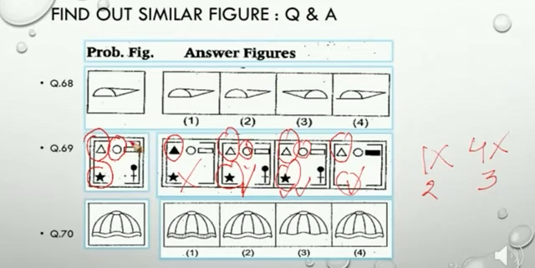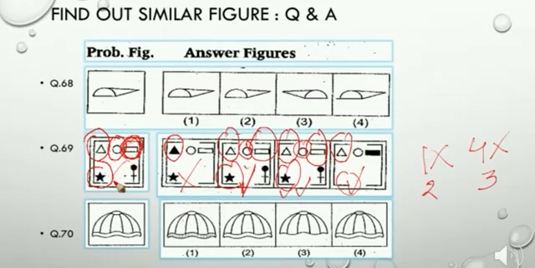So let's check for this portion, this rectangle at the corner, whether this is available in option 2. In option 2, yes, it is exactly available. So option 2 is fine, but in option 3, we can find, yes, this is also available. So in option 2 and 3, it is available. So we need to go further.